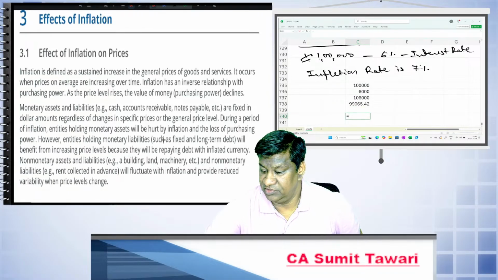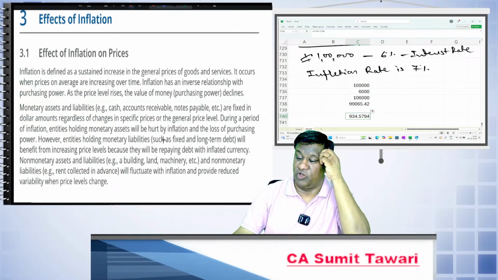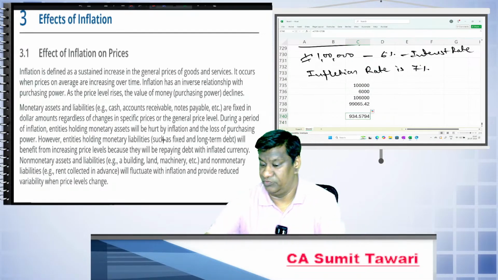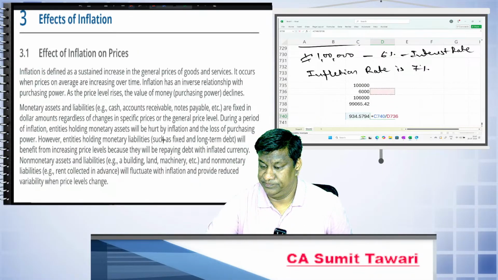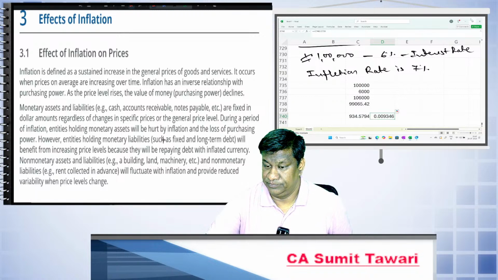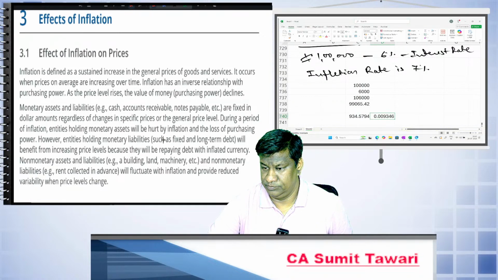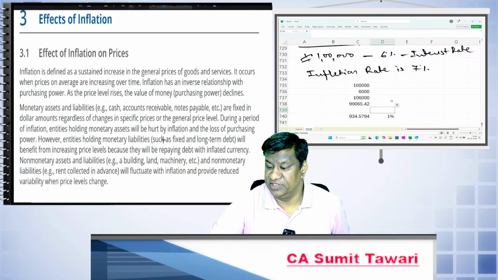So if you see, the effect is basically this. Your asset goes down by 934. What is the percentage actually? One percent.